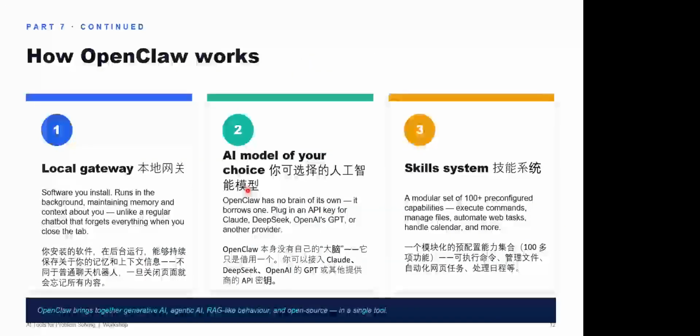So these are three things. One is a local gateway. You install the software and it runs in the background, maintaining memories and context about you. Unlike a regular chatbot that forgets everything when you close the tab, you can actually train it to understand you, like a human.